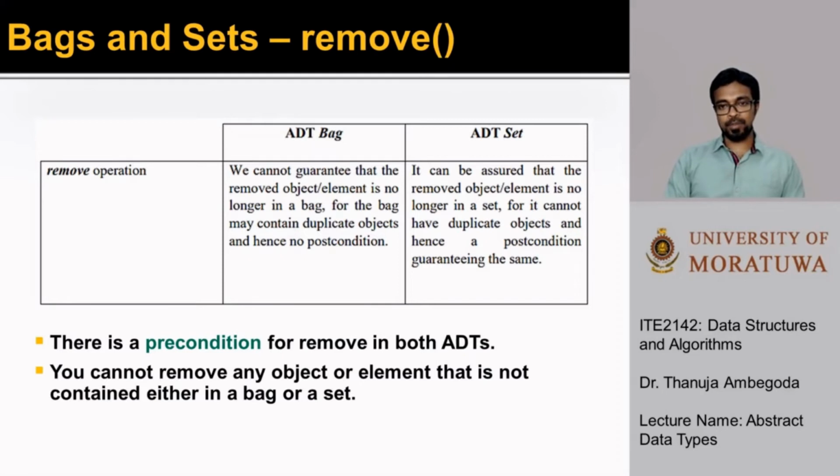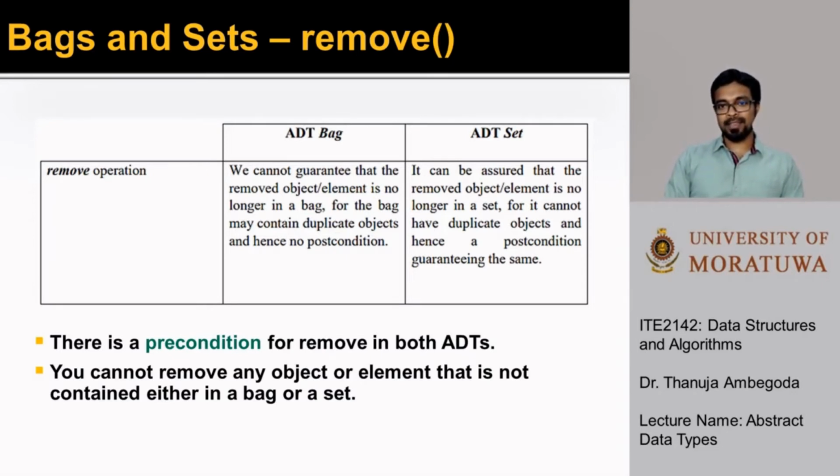However, in post conditions, there is a difference. In a bag, as you know, there can be duplicates. So just because you remove one apple, if you just remove one object, you cannot guarantee that there are no more of the type of object that you removed from the bag, because there can be duplicates.